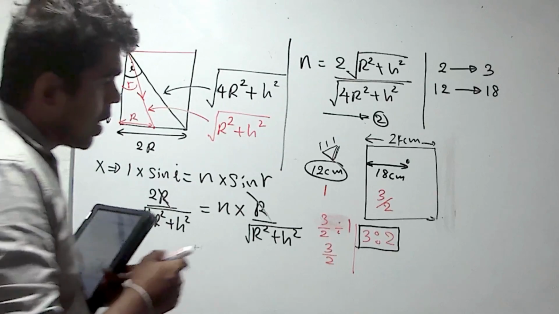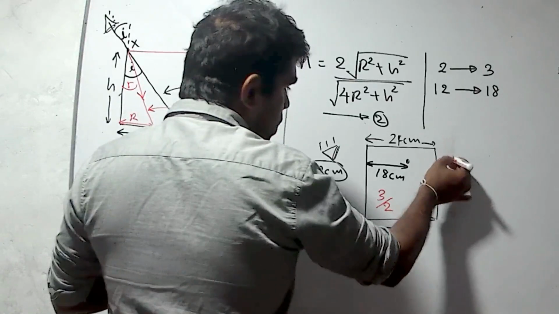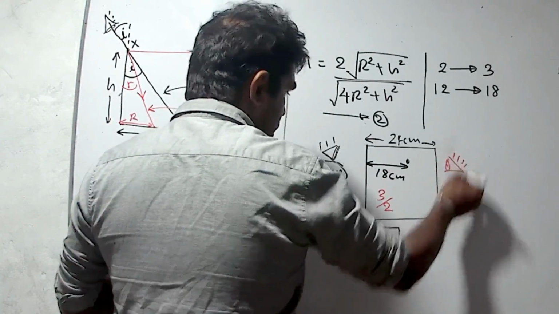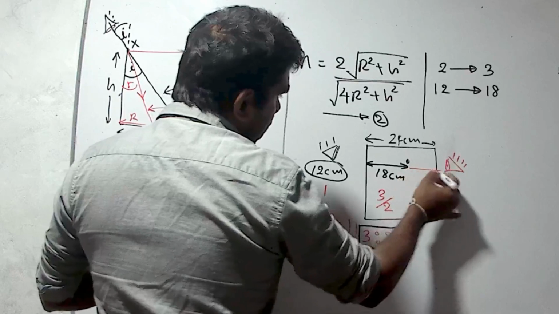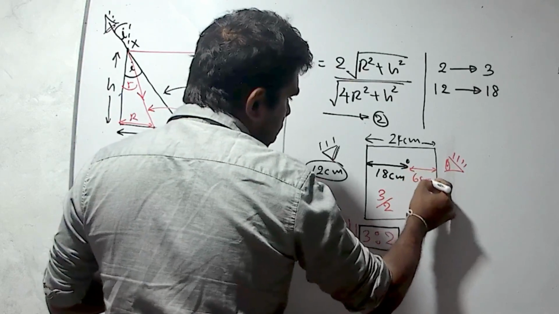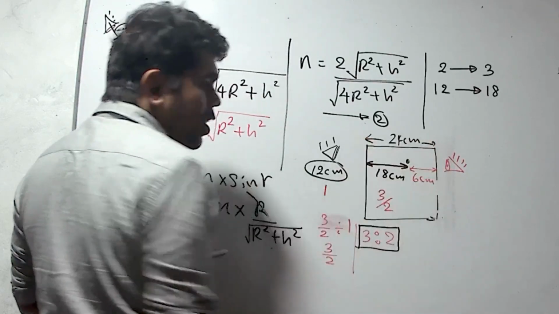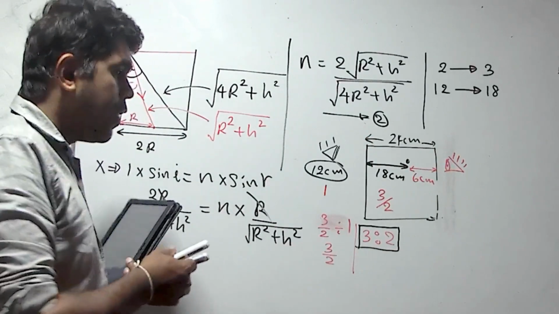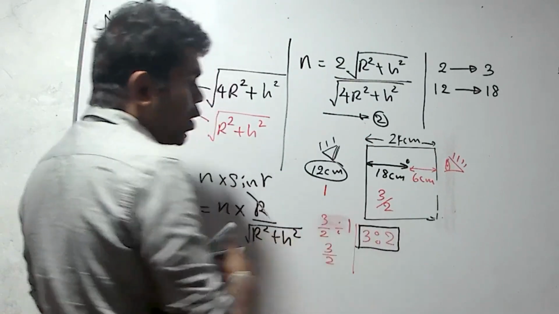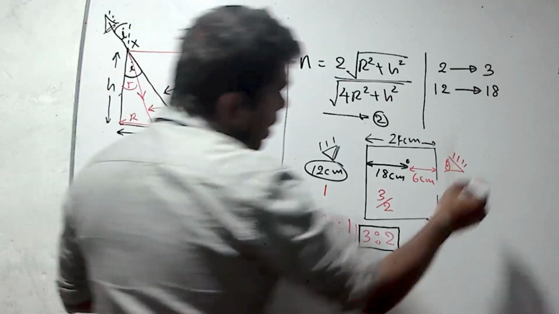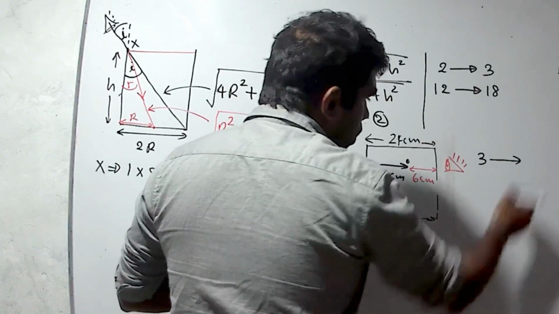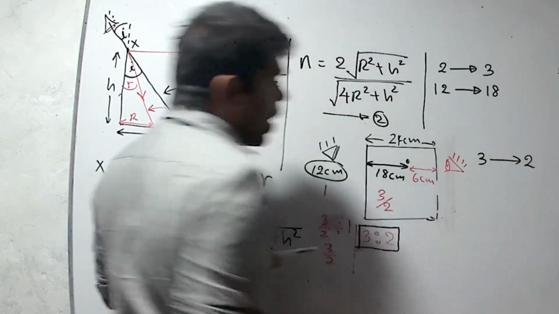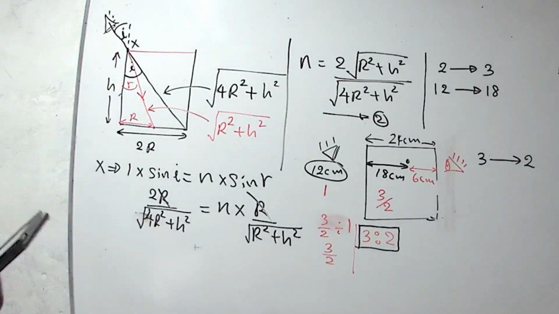Now I will consider the observation from the opposite direction. Now the real depth is 6 centimeters, because the total length is 24. Again we can use this ratio. If the real depth is 3, we can see the apparent distance is 2.